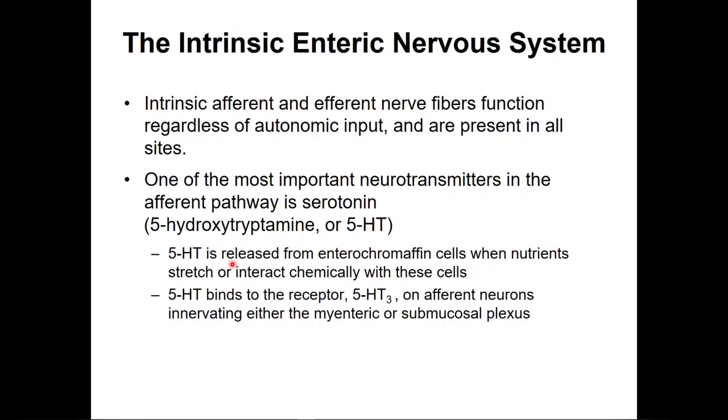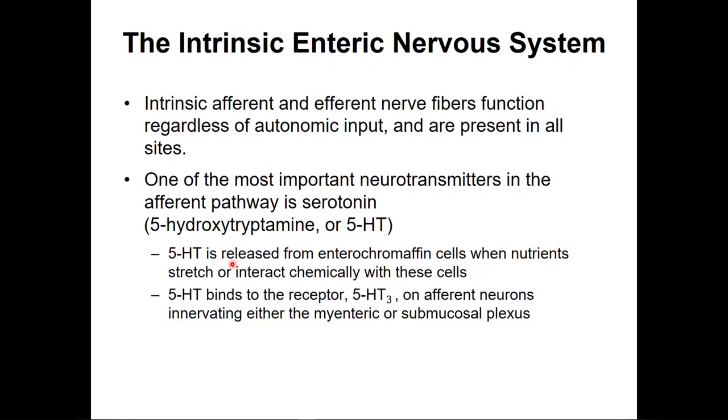So 5-HT is released from the enterochromaffin cells, whose apical membrane is exposed to the contents in the lumen of the small intestine. So if nutrients interact, some of the nutrients have their own receptors on those enterochromaffin cells.